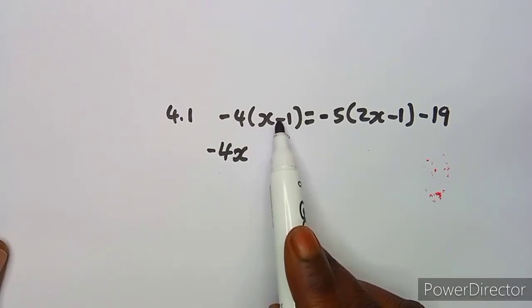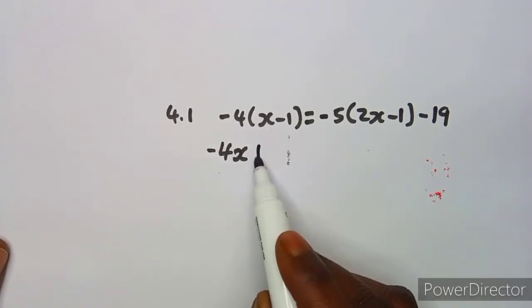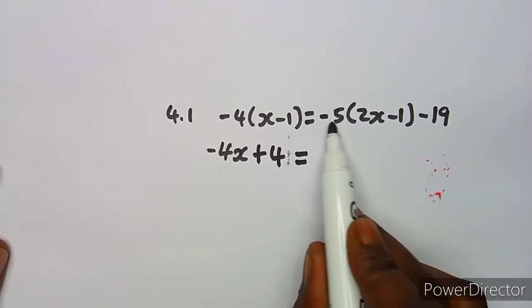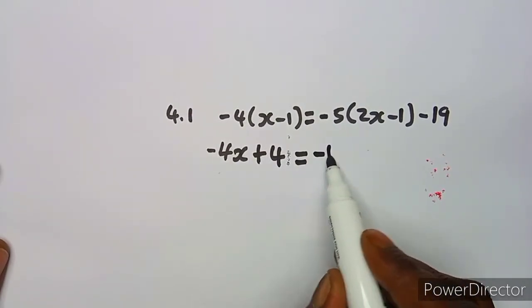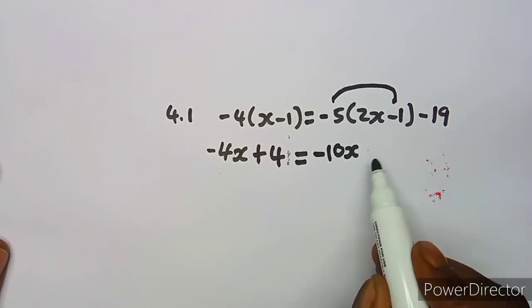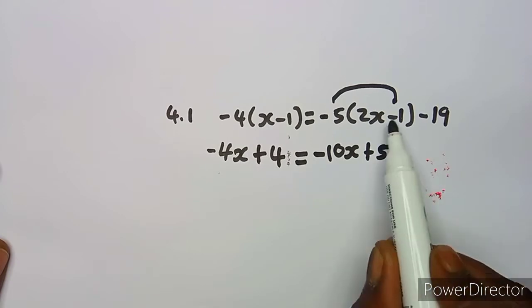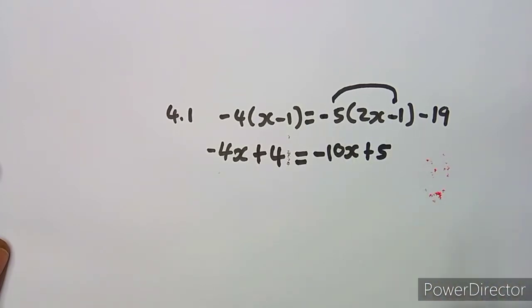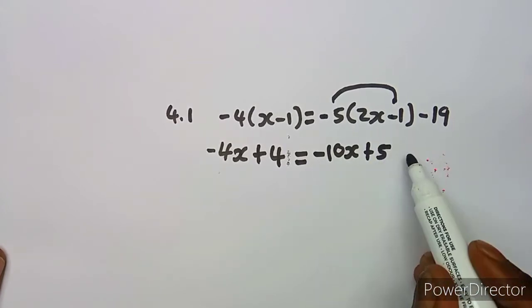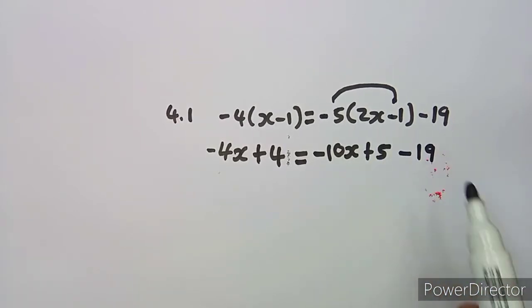Negative 4 times negative 1, so this is negative and negative, it's going to give us positive 4, which is equal to negative 5 times 2, which is negative 10x, negative 5 and negative 1, which is going to give us a positive 5 because it's negative and negative. All right, this minus 19, it's not part of the bracket, so you're just going to subtract it. It's not affected by the bracket.